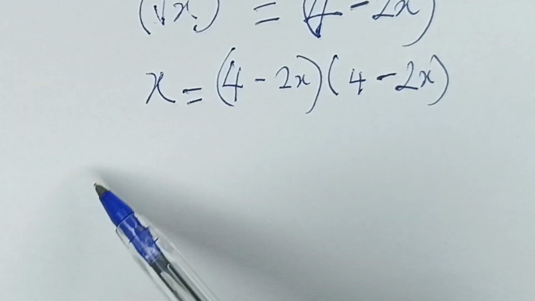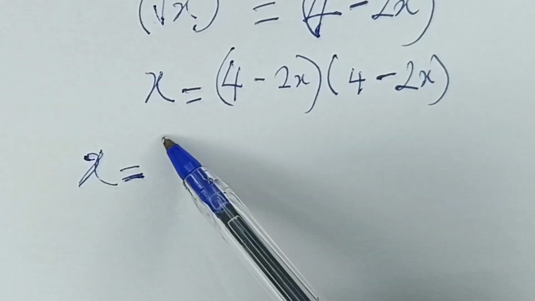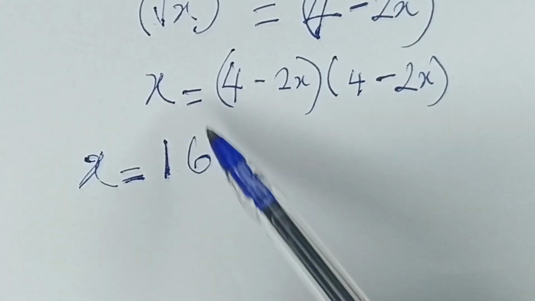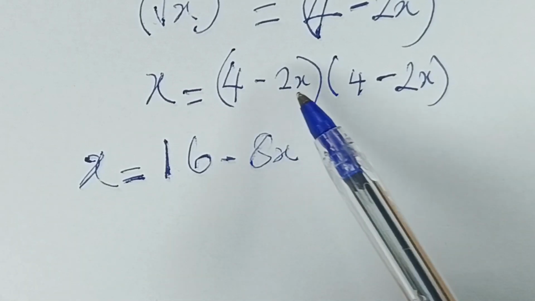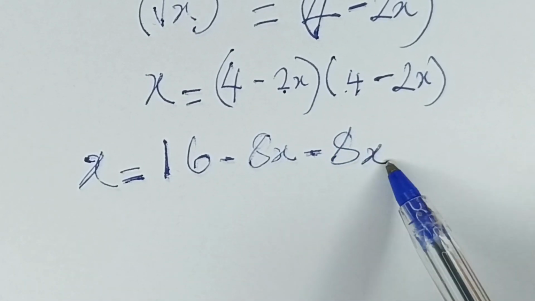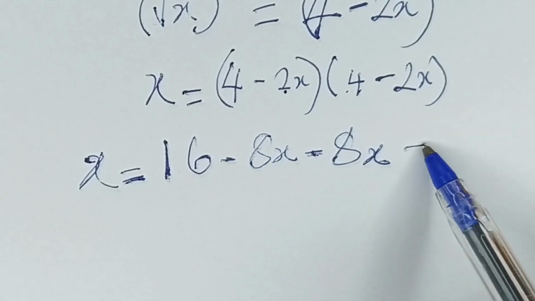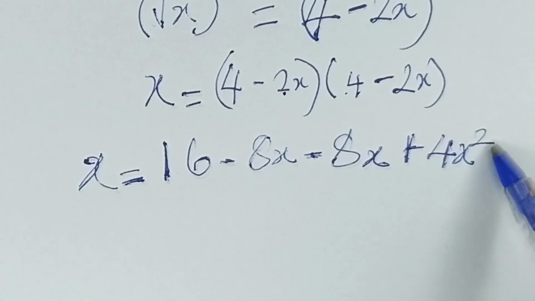Have that our x would be equal to 4 times 4 is 16. 4 times minus 2x is minus 8x. Minus 2x times 4 is minus 8x. Minus 2x and minus 2x is plus 4x squared.